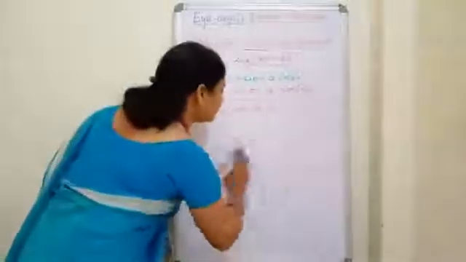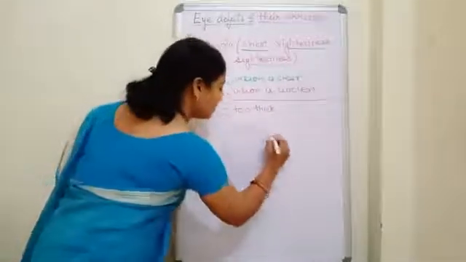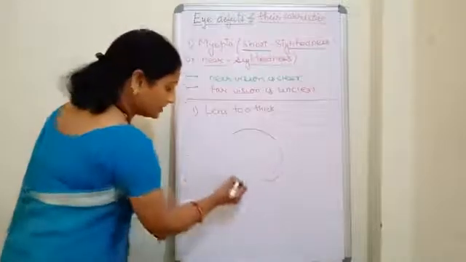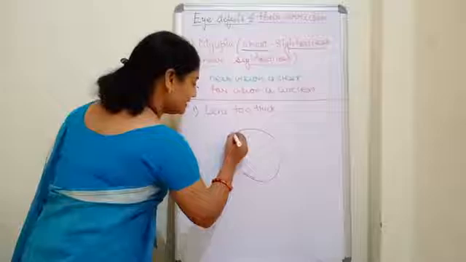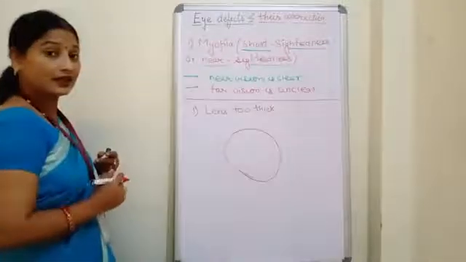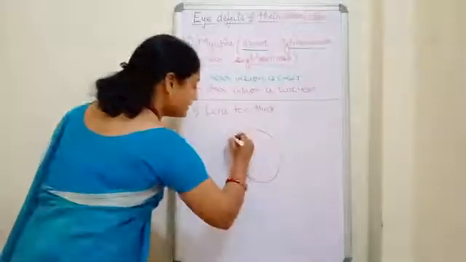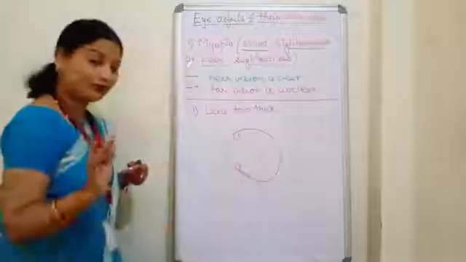Now how it works, you see. Suppose I draw one eyeball. Okay, this is the eyeball, I have already taught you. And suppose this is your cornea. And here the ciliary muscles. The rest everything I am not going to draw.